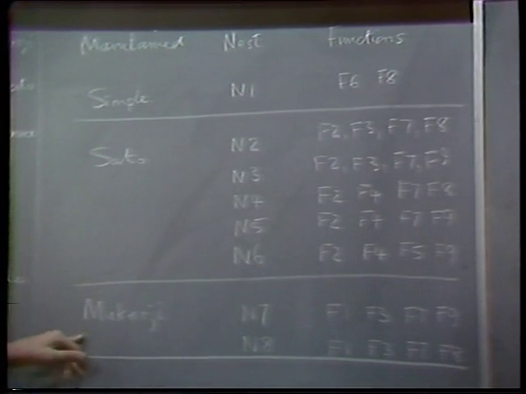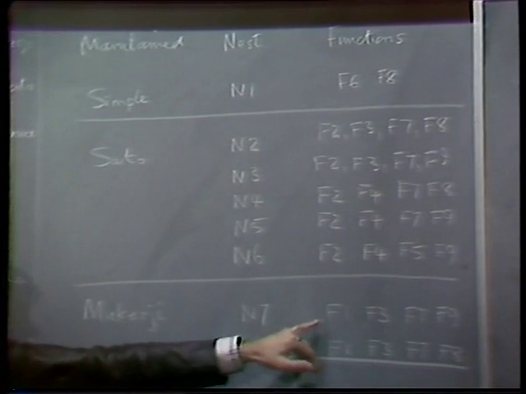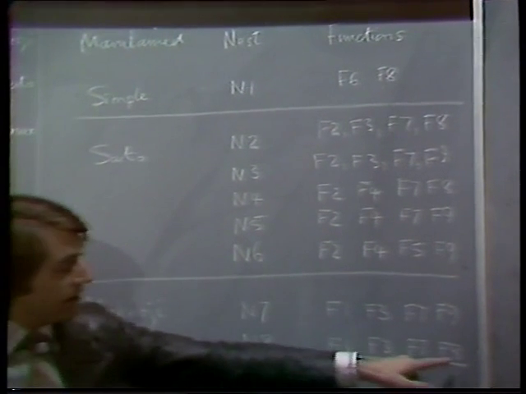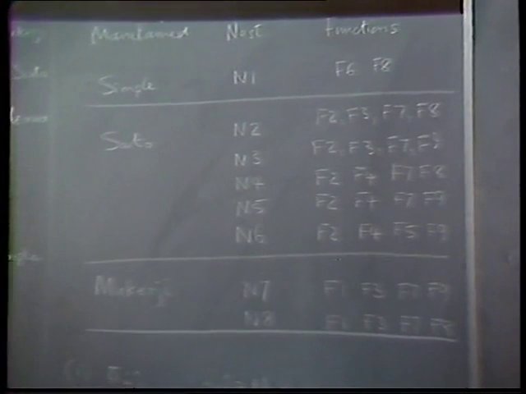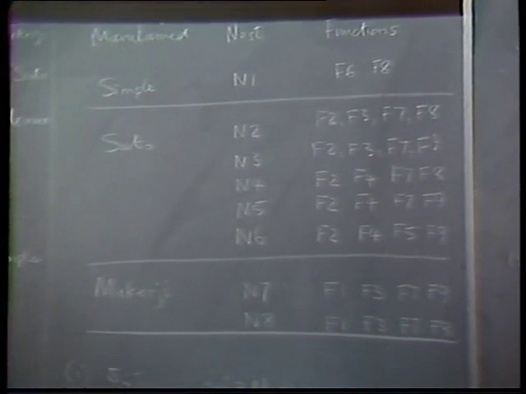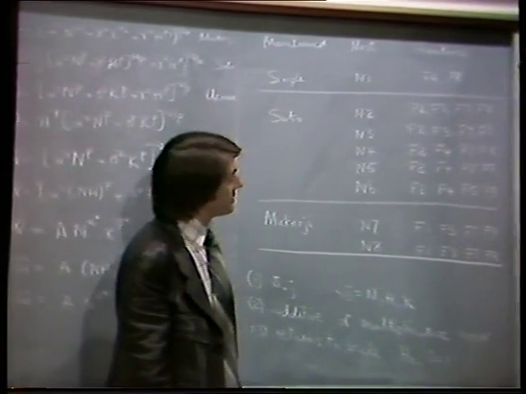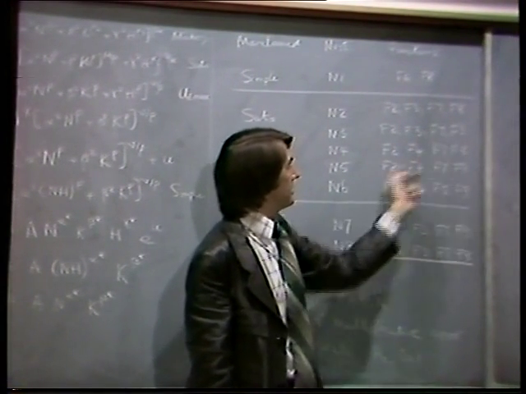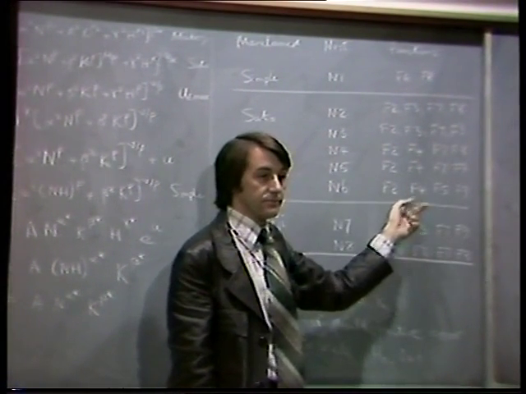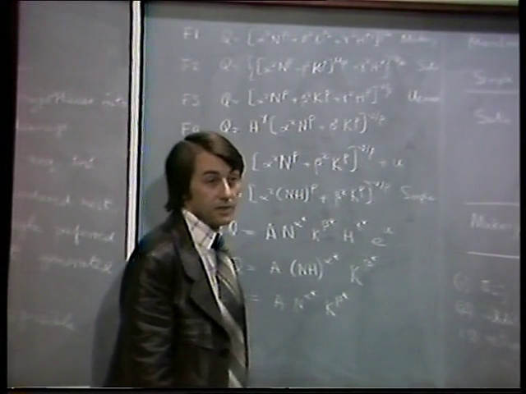For the Mukherjee, we have just 2 nests, or 2 routes in moving from F1 through to either F8 or F9. The exhaustive search procedure consists of applying the Anderson sequential testing procedure within each of these nests, which will then give us a preferred model for each of those nests.